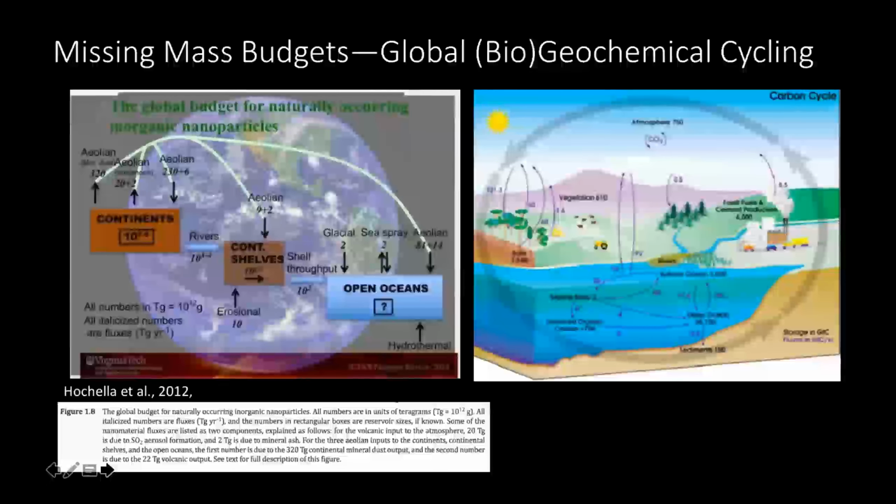And so one important consideration, Mike's already shown this slide, but in all of our concepts of global biogeochemical cycling, what's missing is the energy and mass component that is contributed by nanoparticles in the various parts of the Earth system. So whether it's rivers, glaciers, airborne, we simply are missing a large amount of mass in any models that we put together with respect to crustal and global cycling.